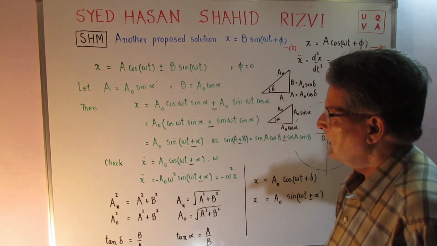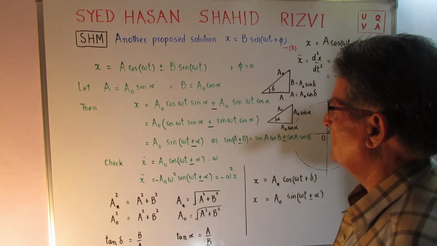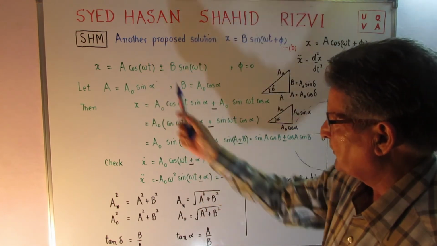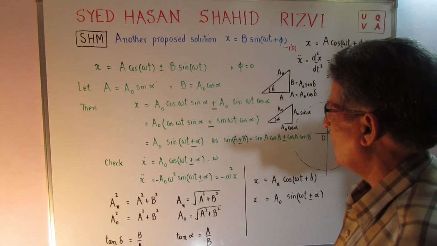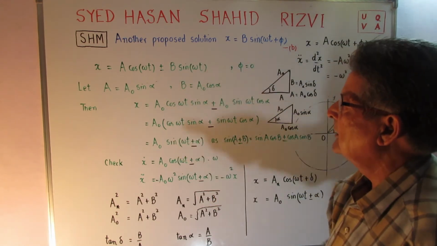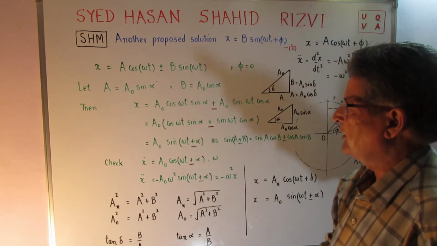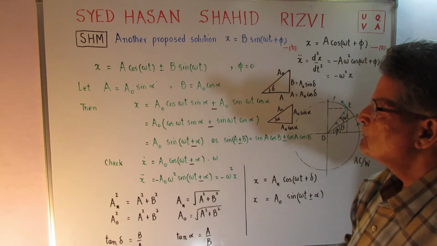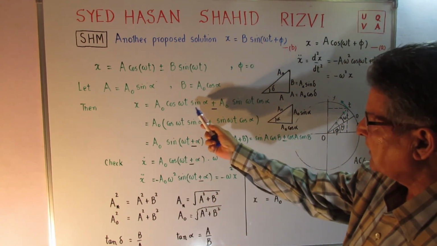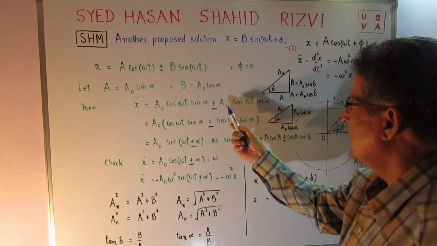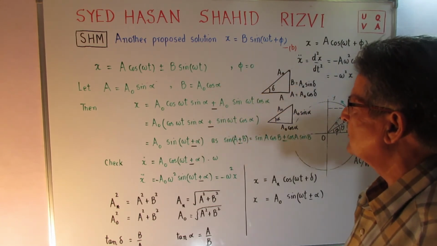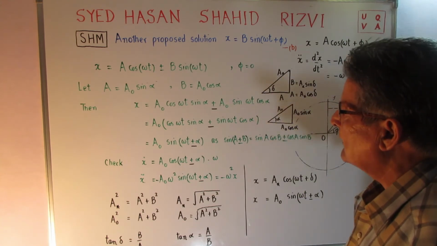Well, if I substitute these proposed values, a naught sine of alpha and a naught cos of alpha, then I get this equation as a naught cos of omega t sine of alpha plus minus a naught sine of omega t cos of alpha.